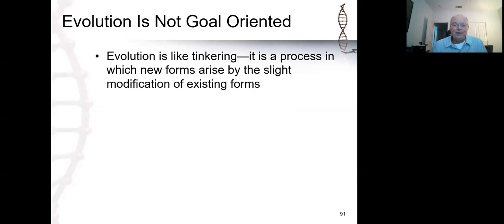And if that modification works, the organism is successful. If the modification doesn't work, then the organism is ultimately unsuccessful and becomes extinct very quickly and doesn't leave behind descendants. And remember, part of the measure of success of an organism or a group of organisms is how many subsequent descendant species or descendant organisms it leaves behind.